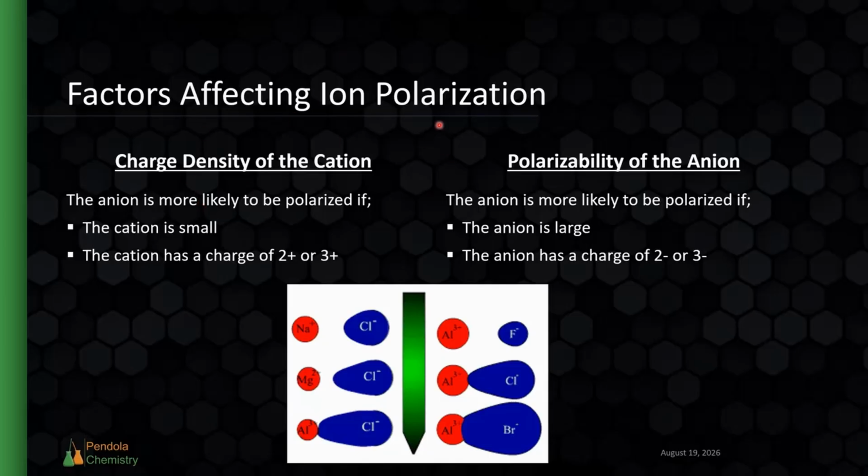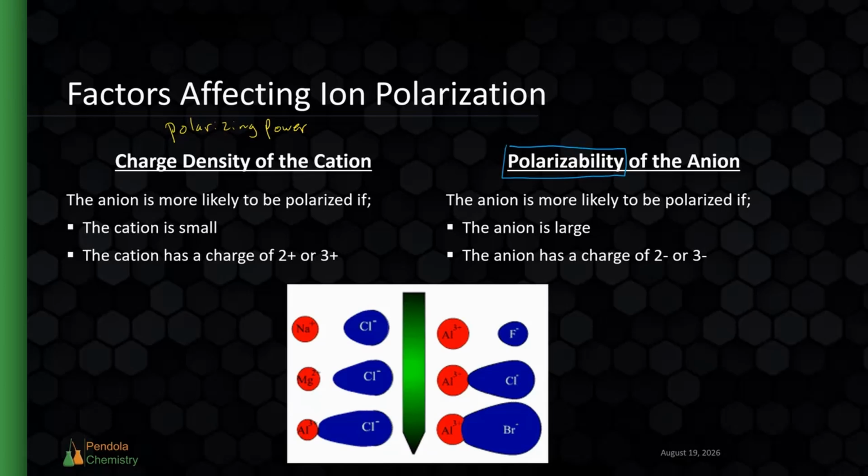When we talk about ion polarization, on the cation side we talk about the polarizing power. For the anion, we talk about its polarizability, how easy it is to polarize, because we polarize the anion.